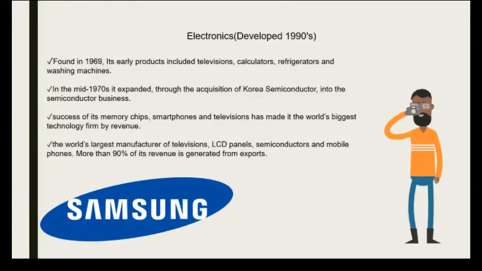The success of Samsung's memory chips, smartphones, and televisions has made it the world's biggest technology firm by revenue, and the world's largest manufacturer of televisions, LCD panels, semiconductors, and mobile phones. More than 90% of its revenue is generated from export.